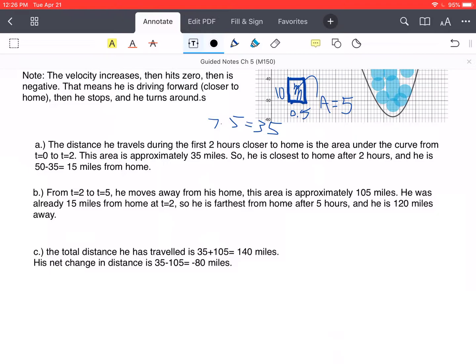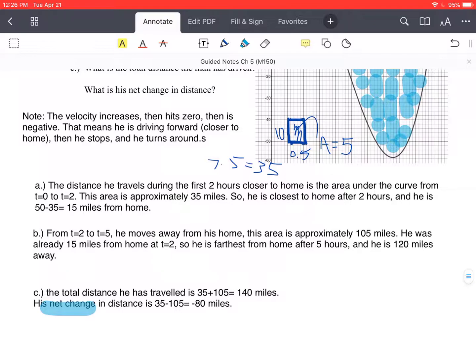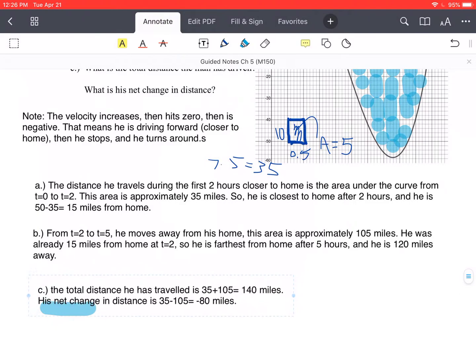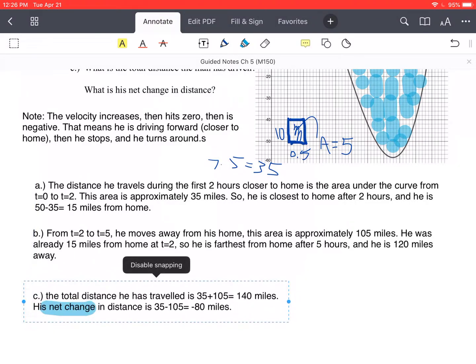Because velocity can be positive or negative, the net change in distance can be positive or negative. When we're computing integrals, we are often looking at net change. Integrals give us net change because in the first calculation, the total distance traveled, it only cared about the geometric side, right?